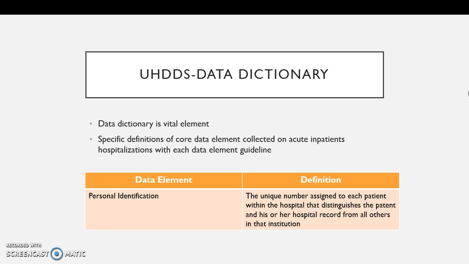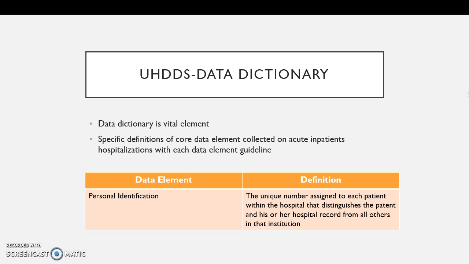So we see below an example. On the left, we have our data element, which is personal identification, and to the right, we have a definition, which is the unique number assigned to each patient within the hospital that distinguishes the patient and his or her hospital record from all others in that institution.